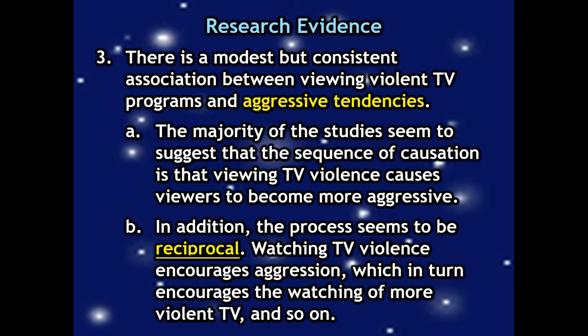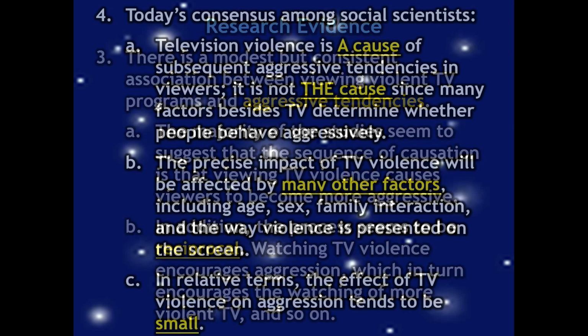Watching TV violence encourages aggression, which in turn encourages the watching of more violent TV, going back and forth. It becomes very much this kind of cycle. Those that watch violence may find themselves committing acts of violence, and that feeds into wanting to watch more violence, and on and on as the circle keeps rolling.